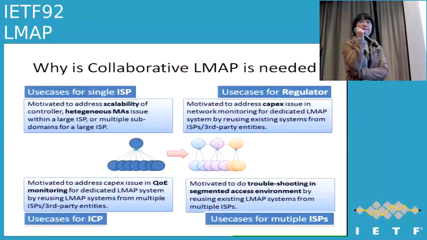But I'm trying to separate the problem from the solution, because the previous speaker put it very well. Having multiple controllers configure the same probe does not solve, but actually makes more complex, the issue of scalability.